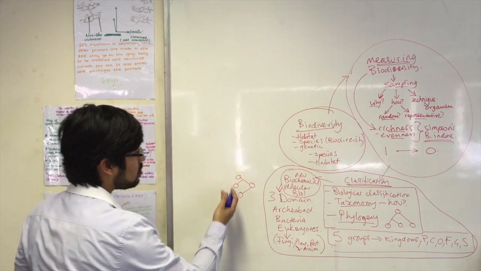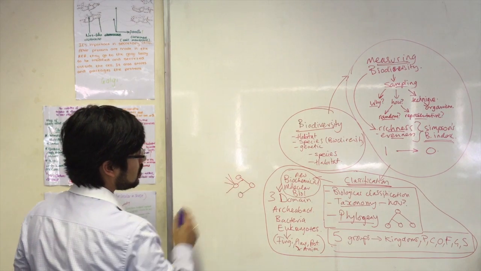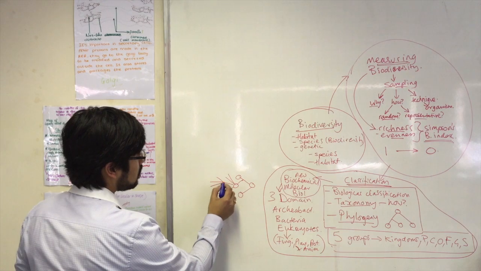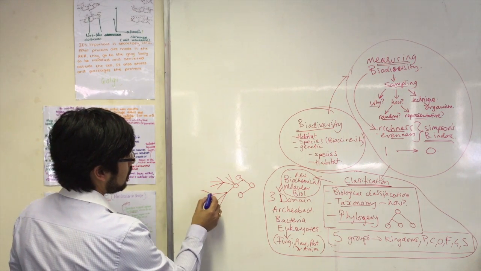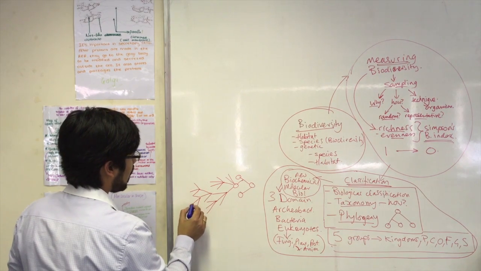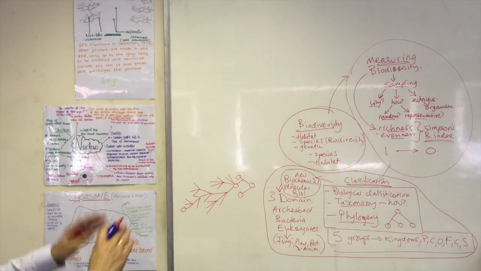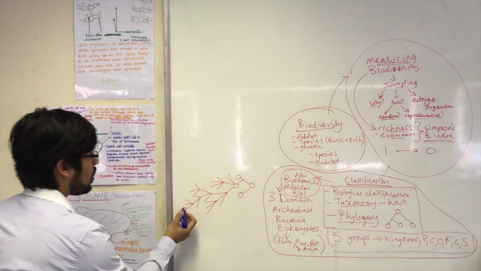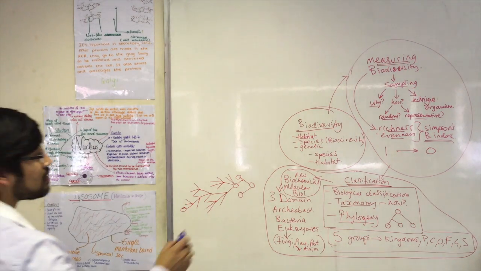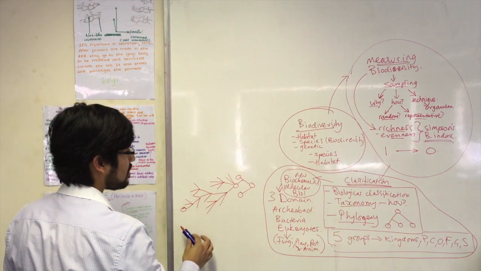But even within each domain, so if you have the eukaryotes, for example, they have 4 kingdoms within them, and within those 4 kingdoms, they have subgroupings, and they have subgroupings, and they are further subdivided until finally you get a species. Unique.